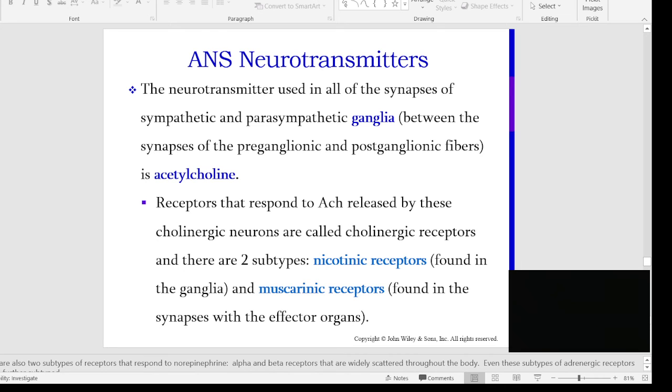Do you understand cholinergic and adrenergic?